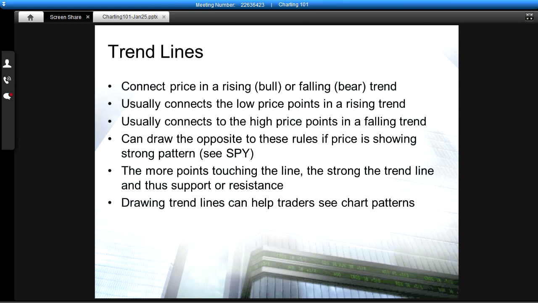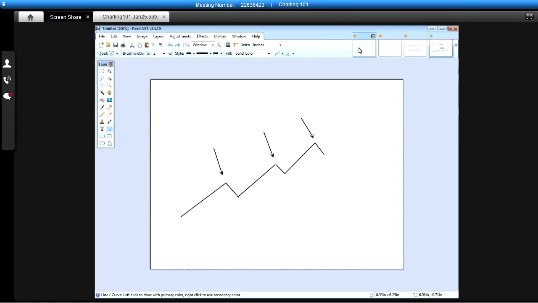So another type of support and resistance line is what is known as trend lines. These connect prices in a rising or a falling trend. In a rising trend, they usually connect the low prices. So if we go back to my drawings over here, this is a rising trend.